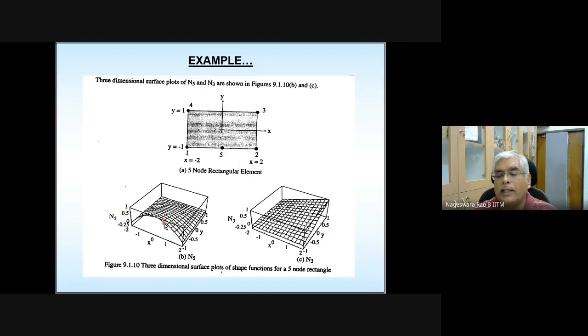Here you need to zoom in. Then you will see whether this point coincides with 0 or not, and this point coincides with 1 or not. Similarly, n3 is plotted. N3 is going to be linear along this edge, linear along this edge, and 0 along this edge and this edge. So that is what is plotted.